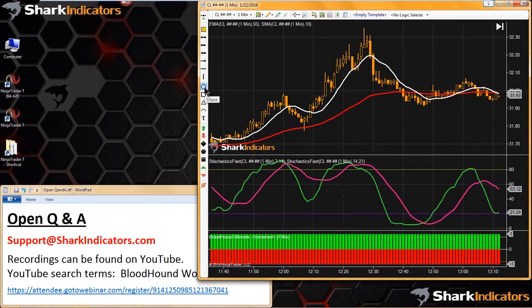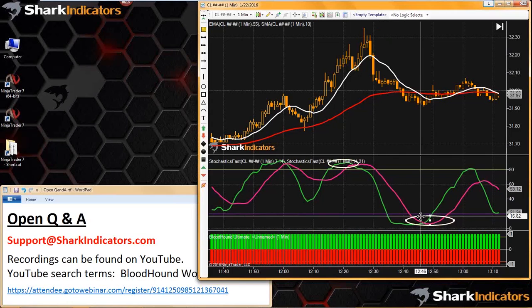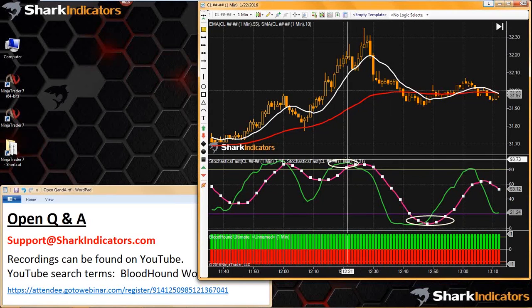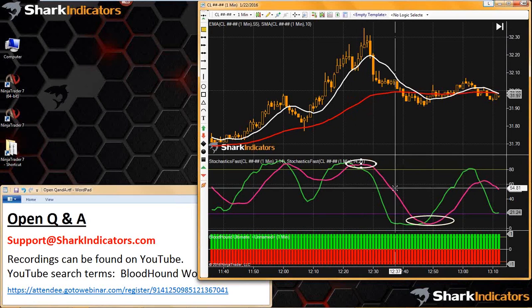All right, so we have two. This is just using the stochastics here, and there's two conditions going on here. One condition, I guess condition 1 or condition A, is looking for when, I'm sorry, actually it's going to be the red line. So let's pay attention to the faster moving stochastics.